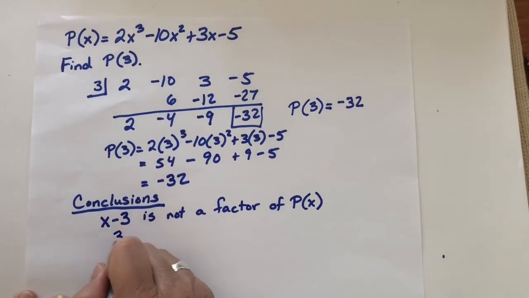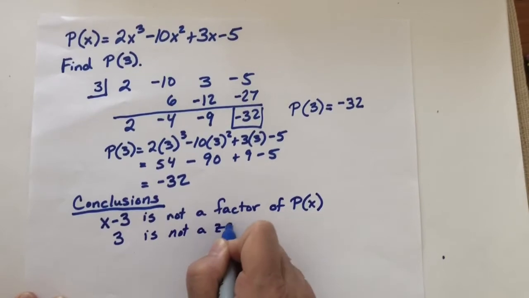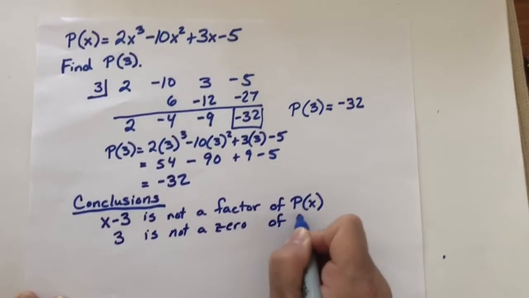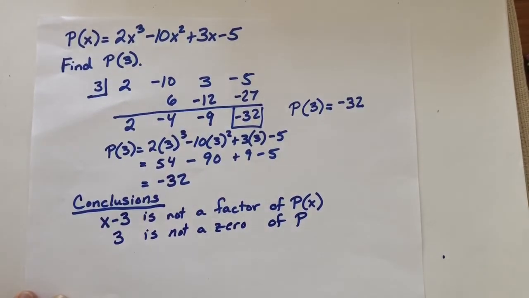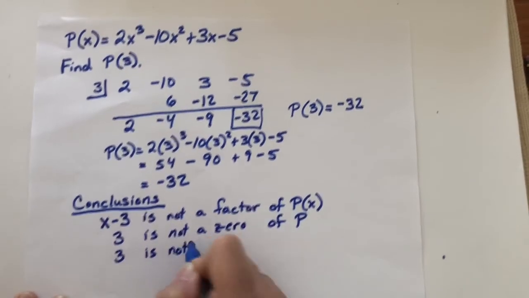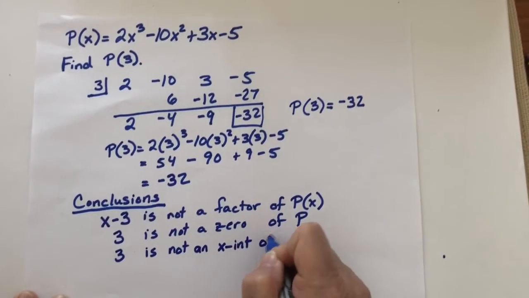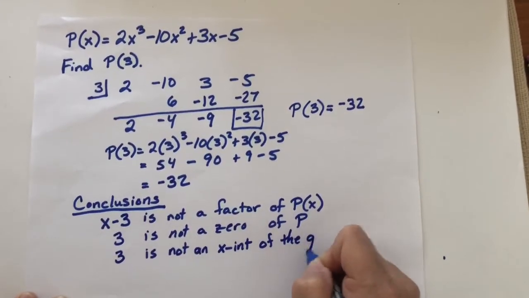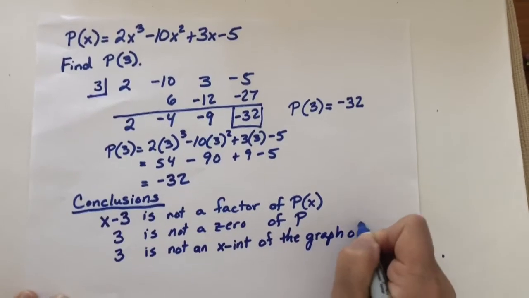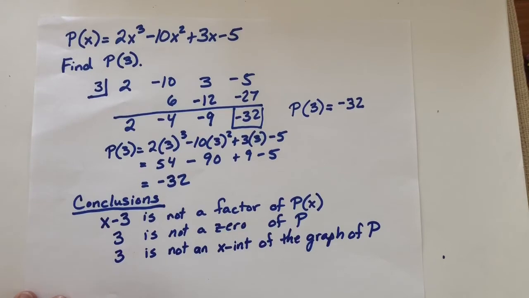We know that 3 is not a zero of p. And we know 3 is not an x-intercept of the graph of p. Because those three things go together. Let's do one more.